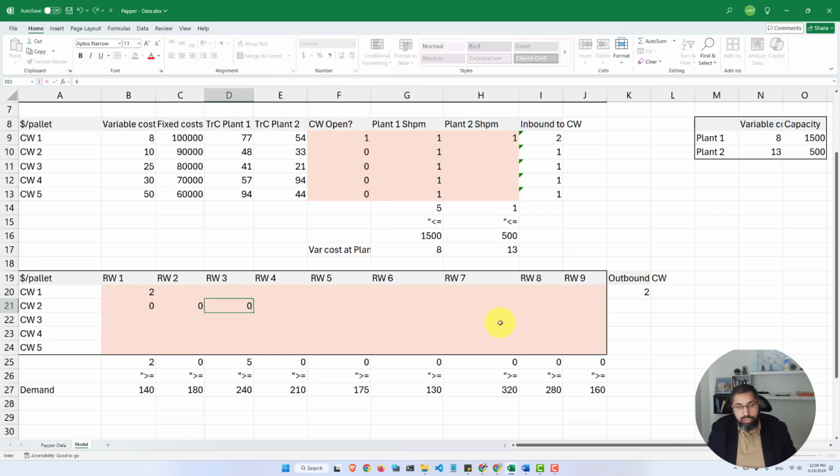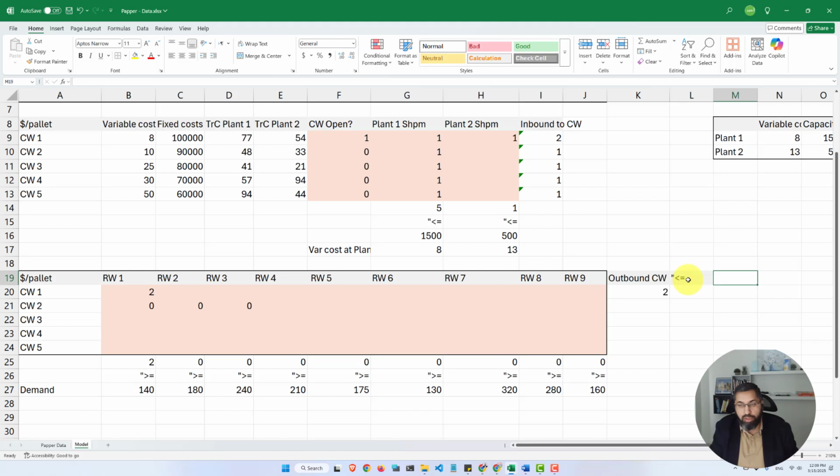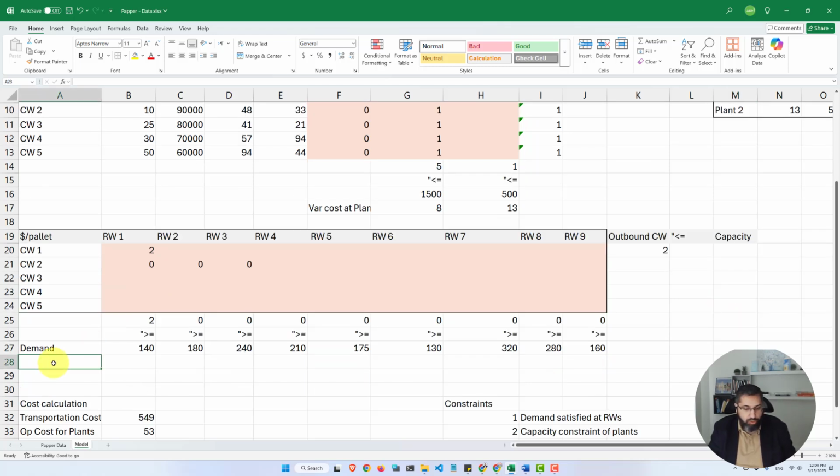So to do that, we say the total outbound from a central warehouse has to be less than or equal to some sort of capacity. And that capacity will be 0 if this is 0 here.